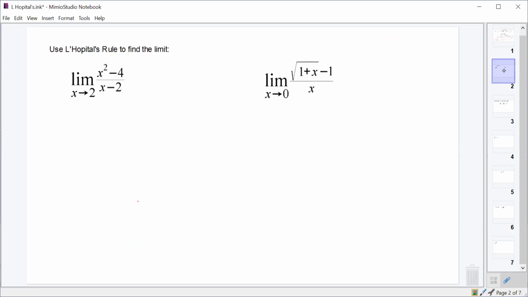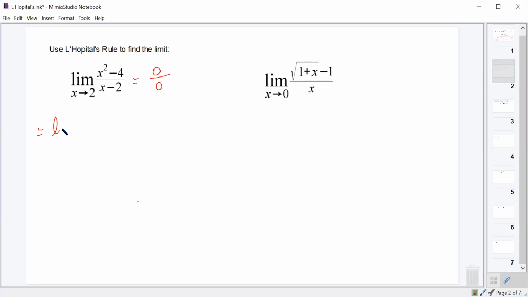Since these are limits, the first thing that we should do before we even bother to use L'Hopital's rule is plug in the 2 and make sure that this is 0 over 0. So if I plug in 2, what do we get? Zero over 0. Oh, wonderful. All right.